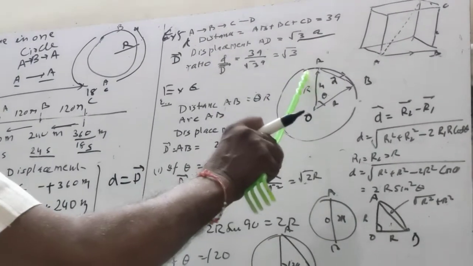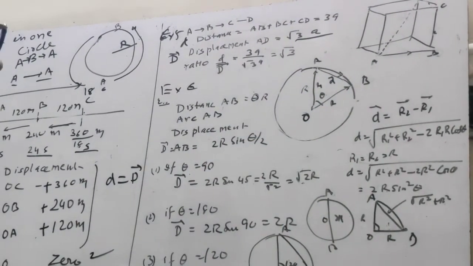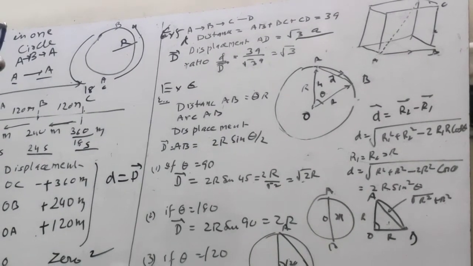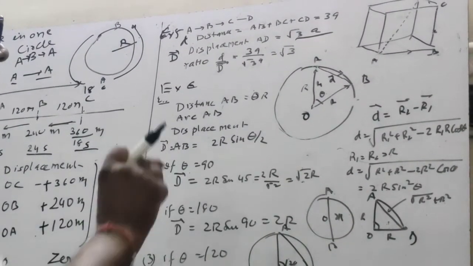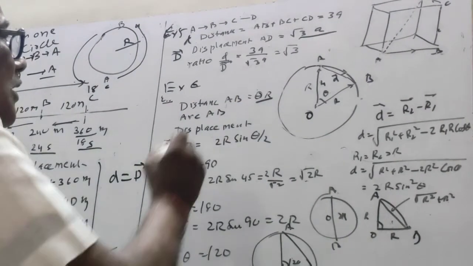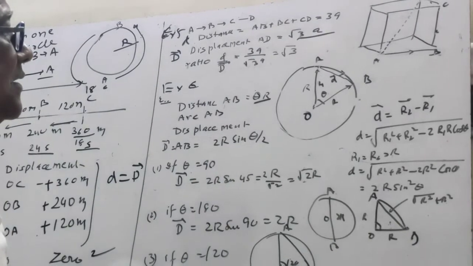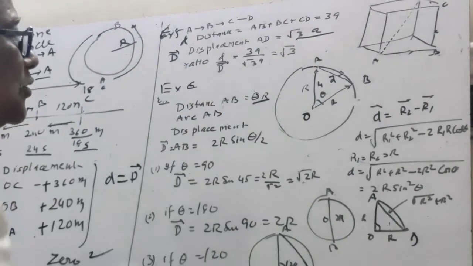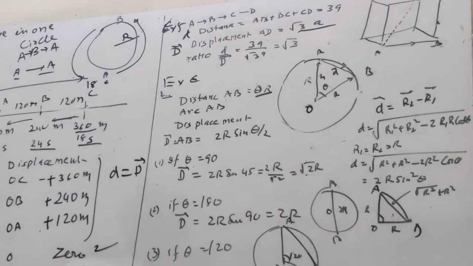Distance traveled will be from A to B. That will be the arc of the circle, and arc will be equal to angle into radius. So distance traveled AB, which is the arc, is equal to theta into R.